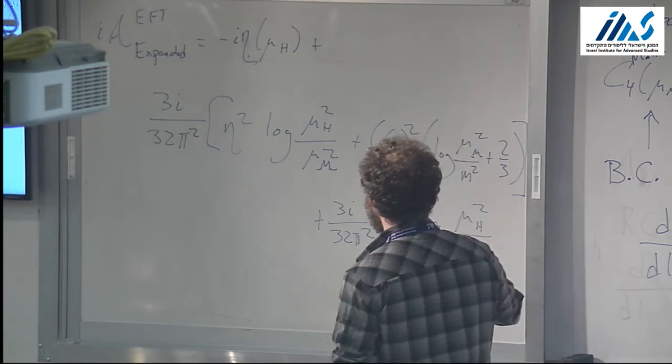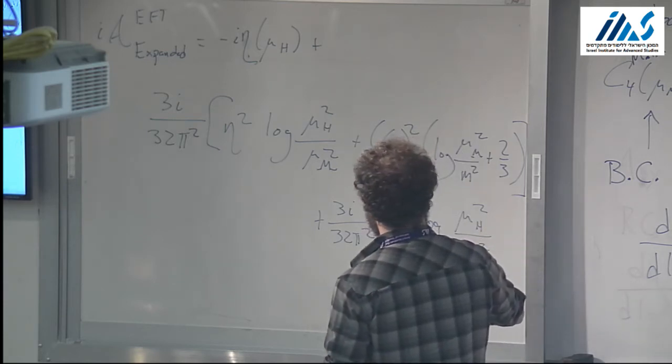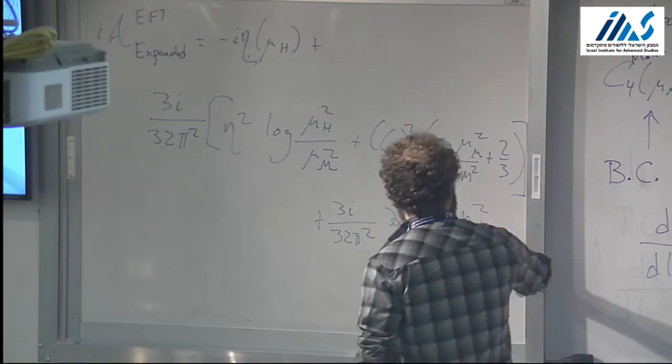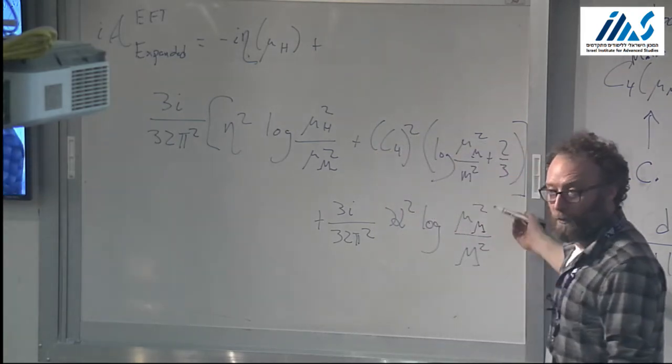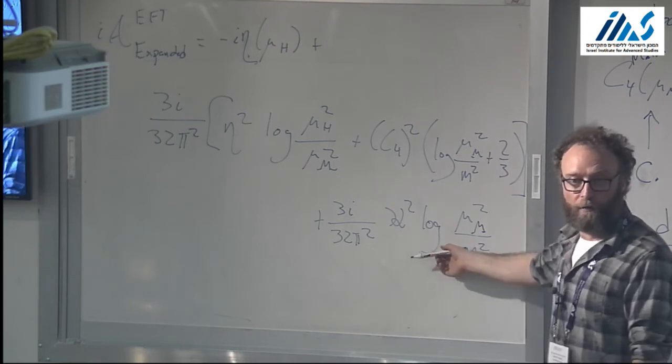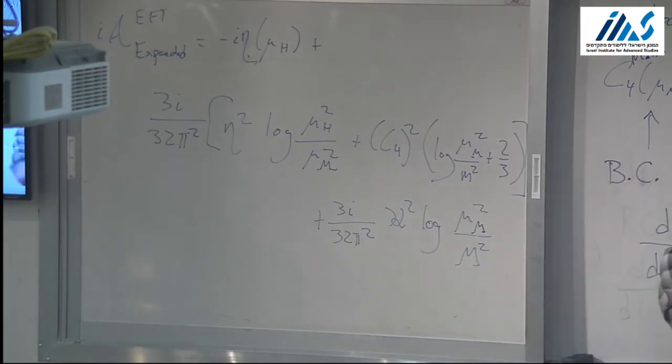Give me a second. Yeah, this should be match. I think it's a typo in my notes. And we pick the matching scale of order big M, and that keeps this log small. So we use RGEs to sum these two sets of logs, and then we have a matching scale which lets us set the last log to be small. Okay. So that's how it works.